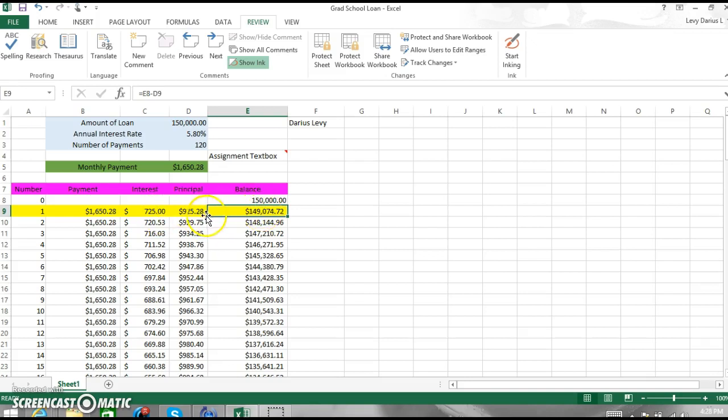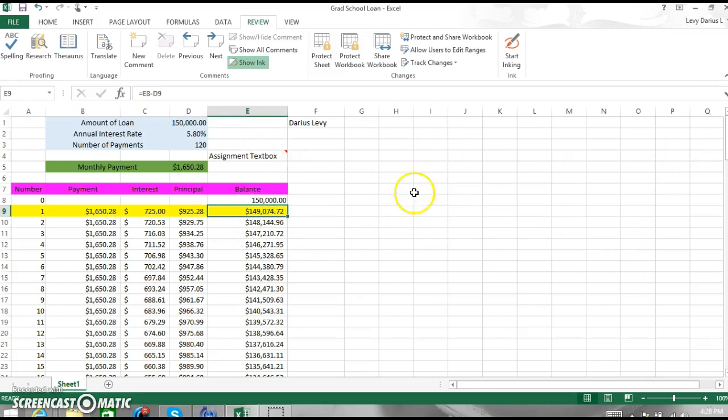So the principal is what you take from the balance, and you get the principal by subtracting the interest from the payment. Well, you subtract the interest from the payment. My fault. So that's how you would get the principal, and that's how you get the balance.